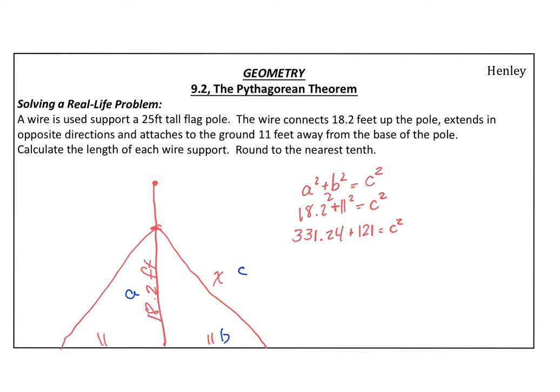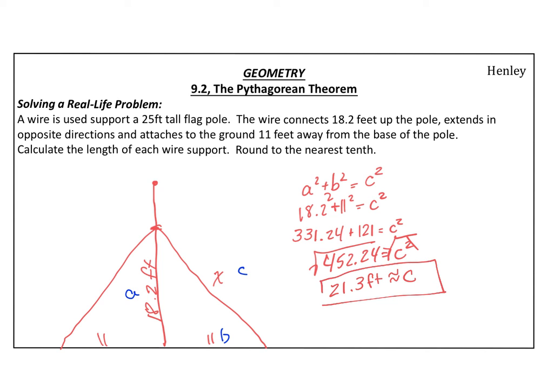We add these, we're going to get 452.24. So we find the square root. The square root of 452.24 is going to be 21.3 feet approximately. We rounded it to the nearest tenth instead of stretching it out because our instructions tell us to round to the nearest tenth.